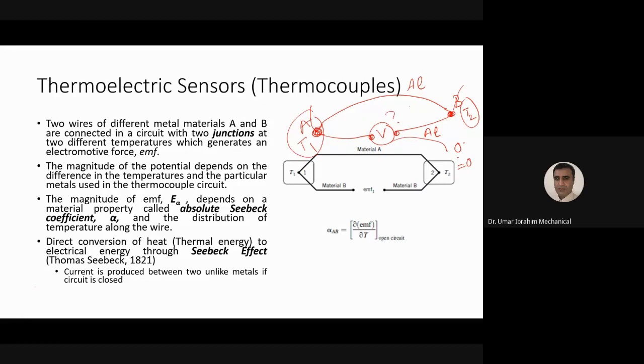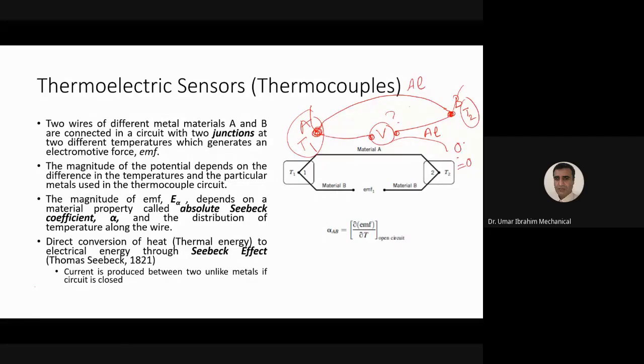I did not invent this. This is a physical phenomena. It has been discovered by scientists a few centuries ago, and they found out that if you have two dissimilar materials, and you made junctions at the end of those dissimilar materials, and then you put those junctions at dissimilar temperature, then this will result in current flow in the circuit made of those dissimilar material.